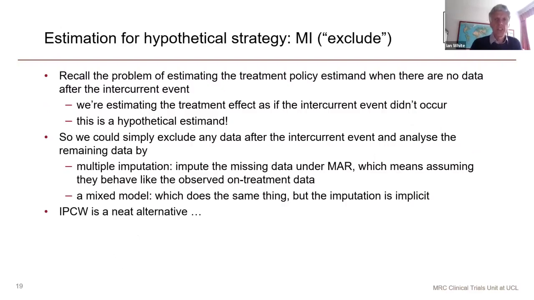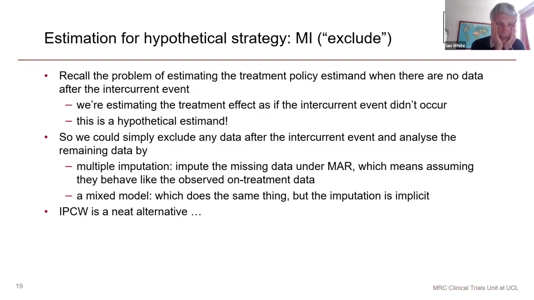Okay, so let's first of all focus on this exclude idea. For example, I'm going to talk about multiple imputation. The problem we're talking about here is what we talked about earlier. Do you remember I said how, if we weren't careful, we were going to be doing a hypothetical estimand?